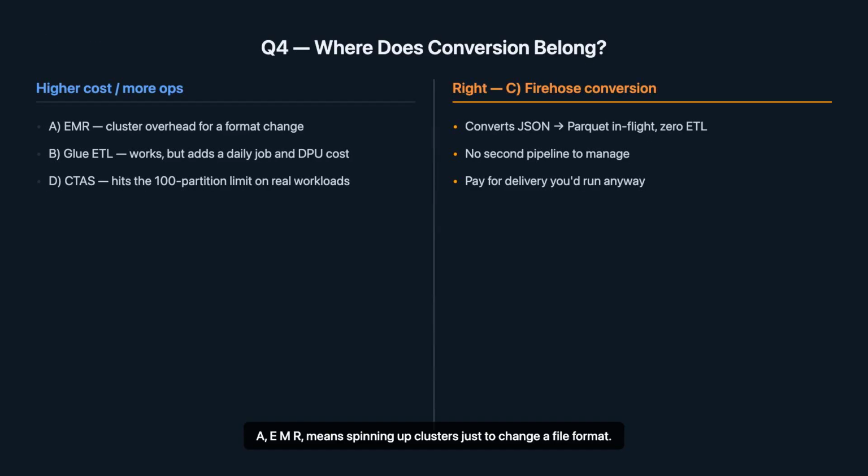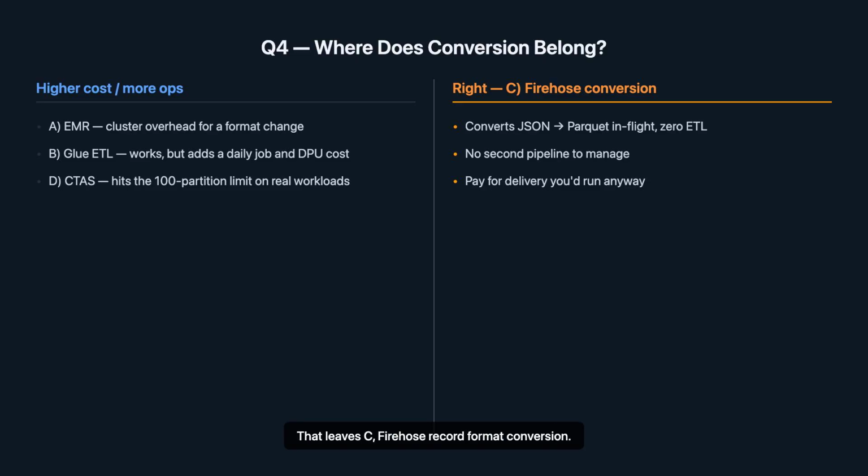EMR means spinning up clusters just to change a file format. Way too much overhead. B. Glue ETL works but adds a daily job, DPU costs, and a second pipeline to maintain. D. Athena CTAS hits the 100 partition limit on real workloads. It doesn't scale to 5 terabytes per day.